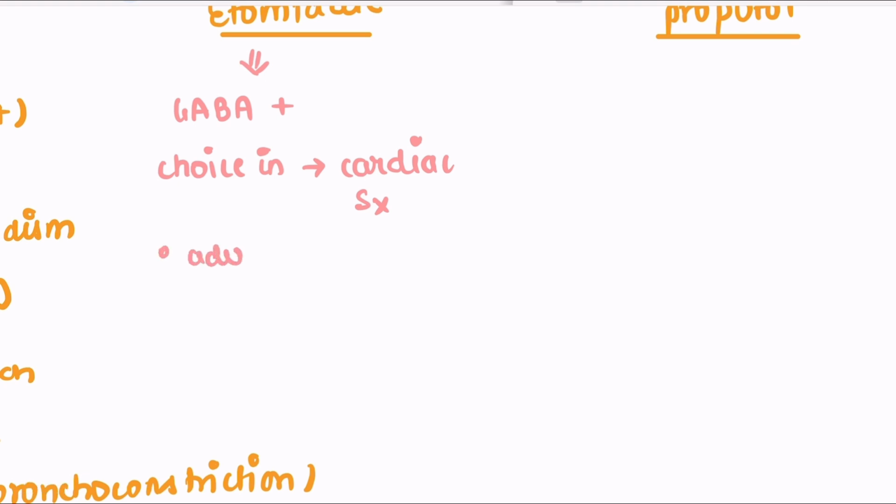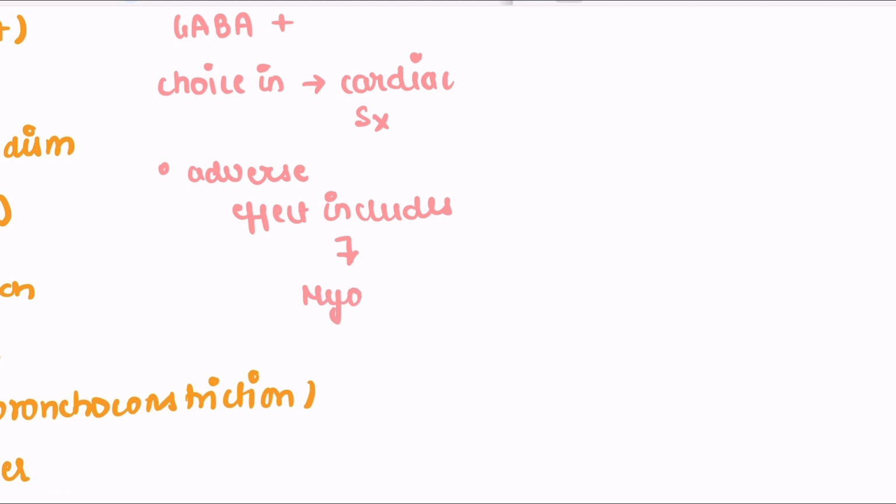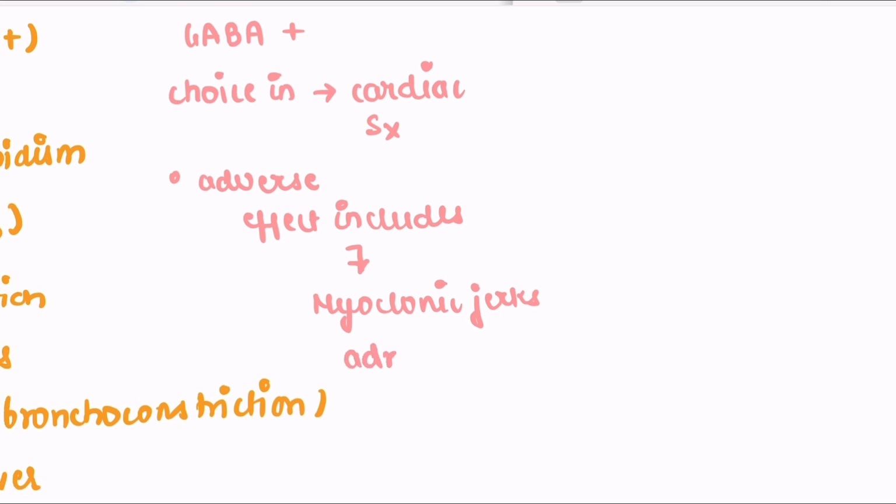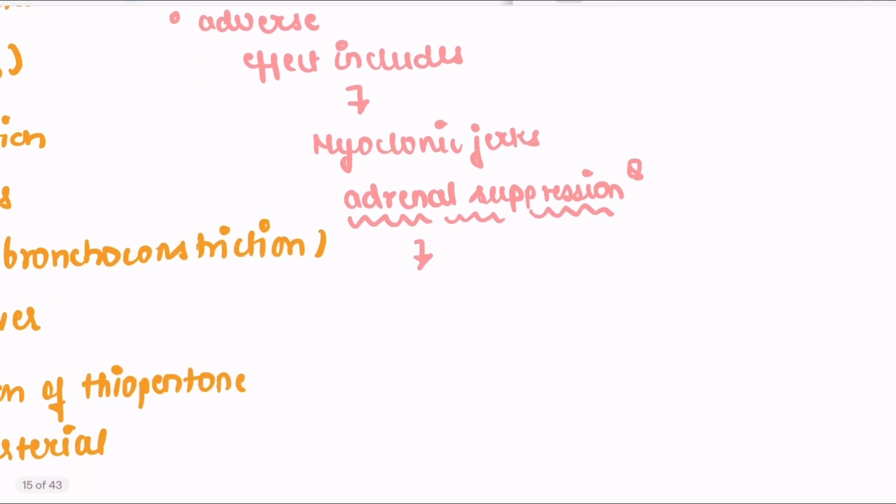Adverse effects include myoclonic jerks and, very important for the exam, adrenal suppression. It is the most frequently asked question. It causes adrenal suppression because it inhibits 11 beta hydroxylase.